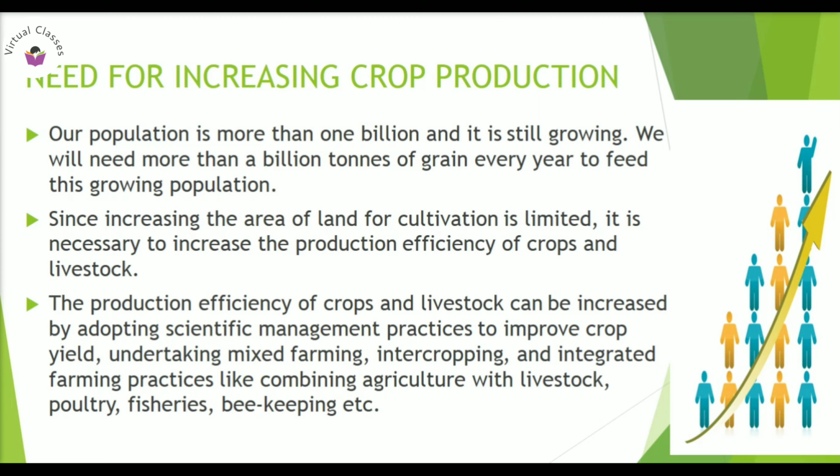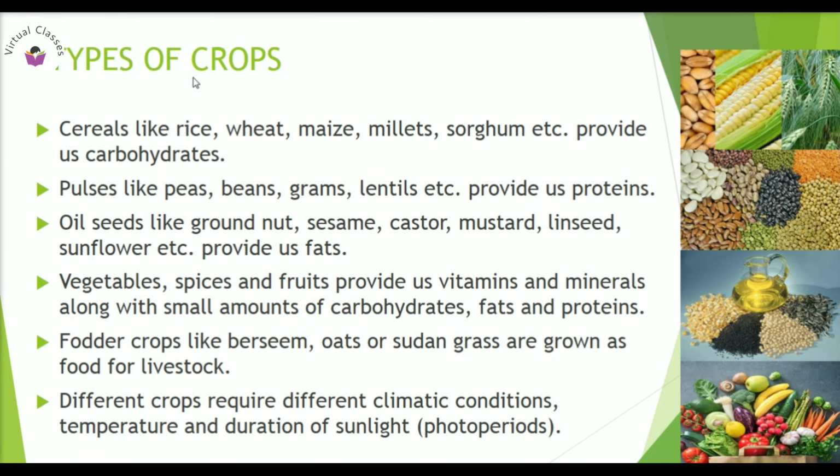The production efficiency of crops and livestock can be increased by adopting scientific management practices to improve crop yield, undertaking mixed farming, intercropping, integrated farming practices like combining agriculture with livestock, poultry, fisheries, beekeeping, etc.